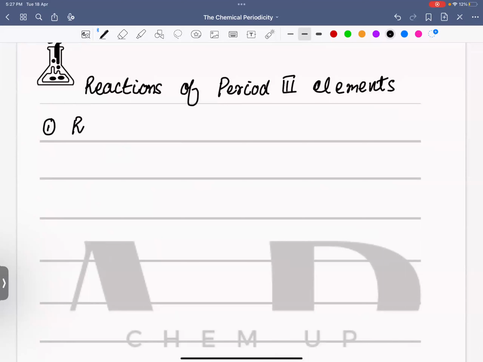So the first reaction that we are going to discuss over here is the reaction with oxygen. It means we are going to discuss how each element of period 3 would react with oxygen.